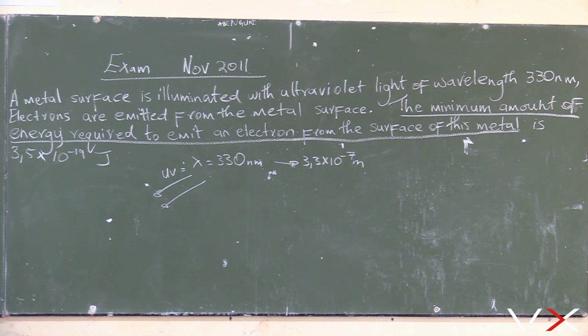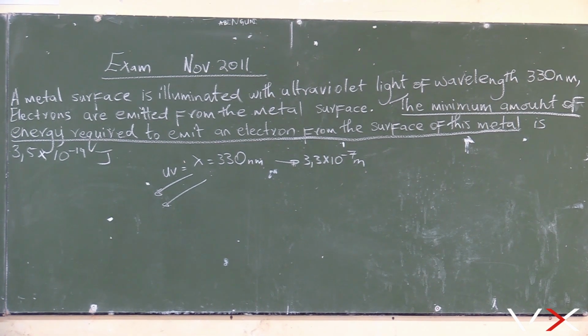But electrons are emitted from the metal surface as you illuminate a metal surface with ultraviolet light, we find that the metal surface emits electrons.